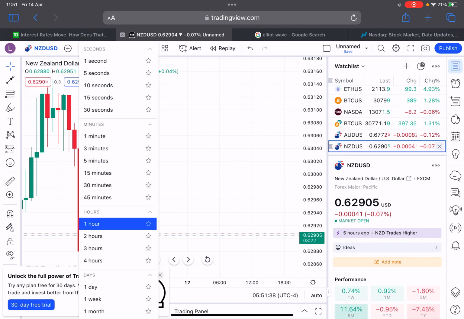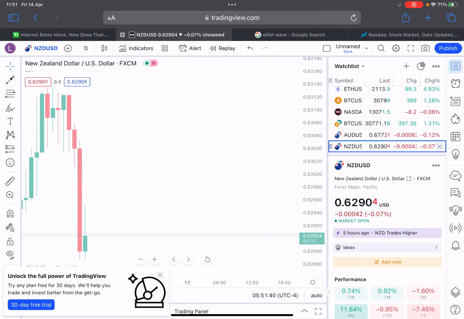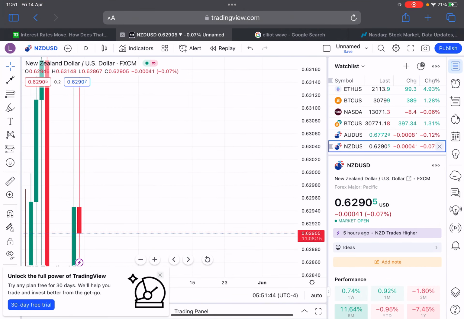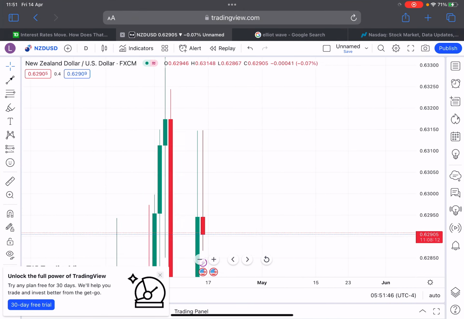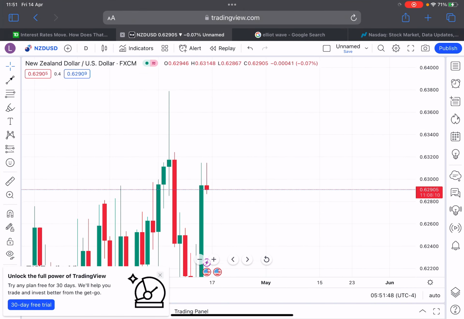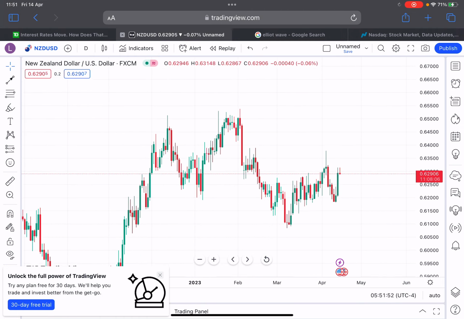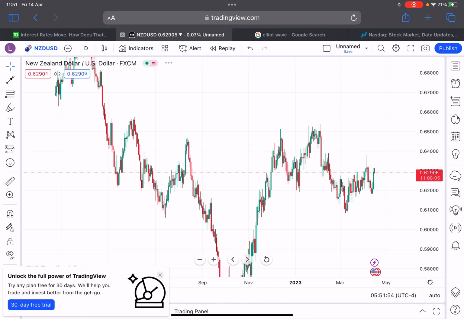So now we already have the idea of what we are doing. So now let's do the strategy properly on our NZD/USD. So we start on day 1 time frame to check the direction of the chart.